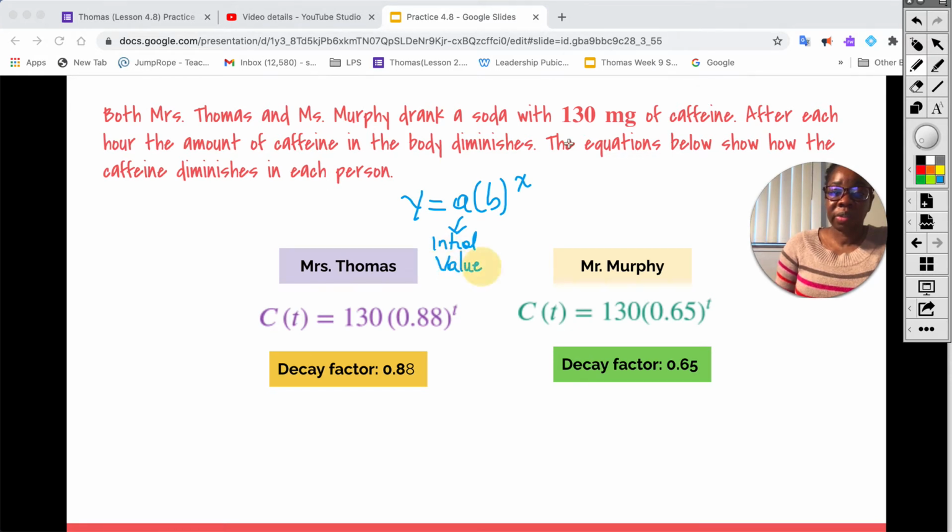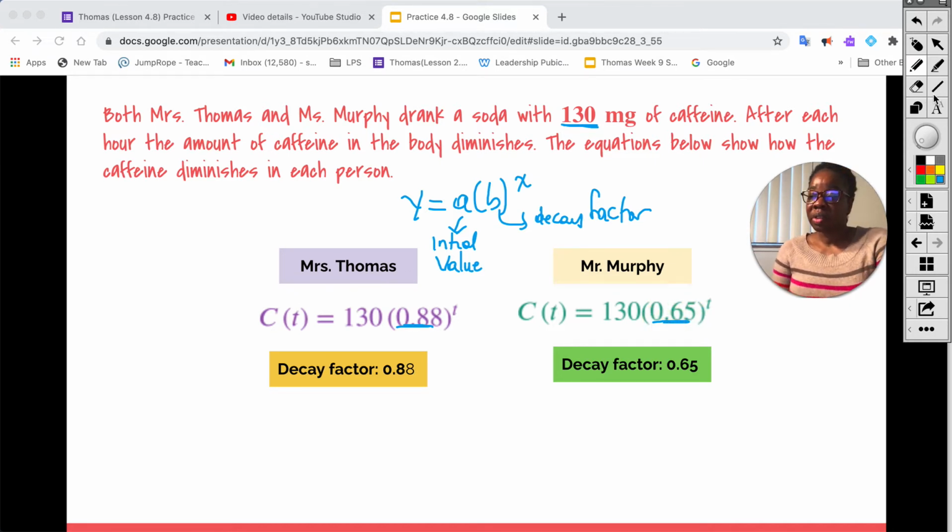Because they both started with 130 milligrams, and our decay factor is b. So for Mrs. Thomas, it's 0.88, and for Miss Murphy, it is 0.65.